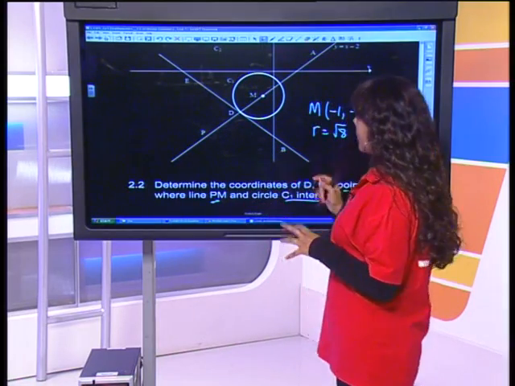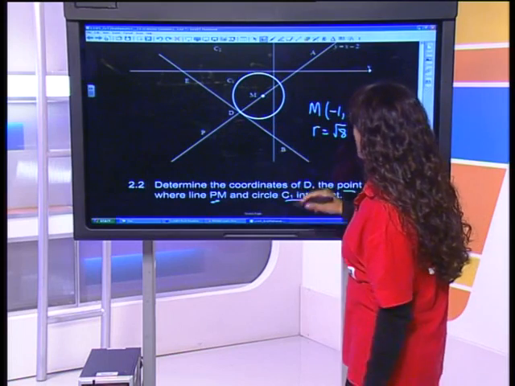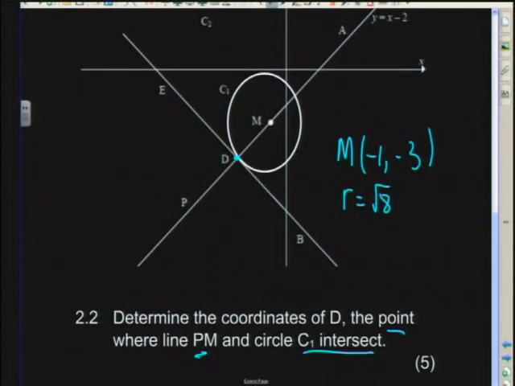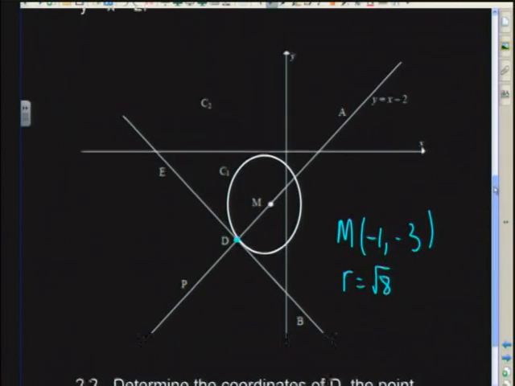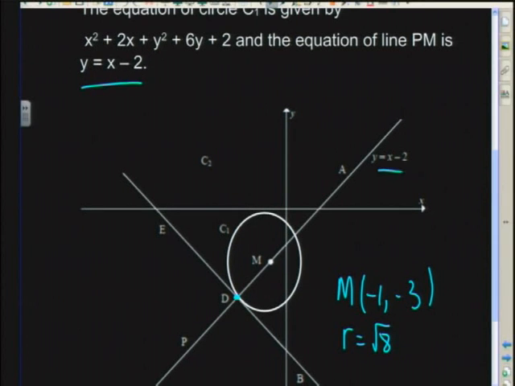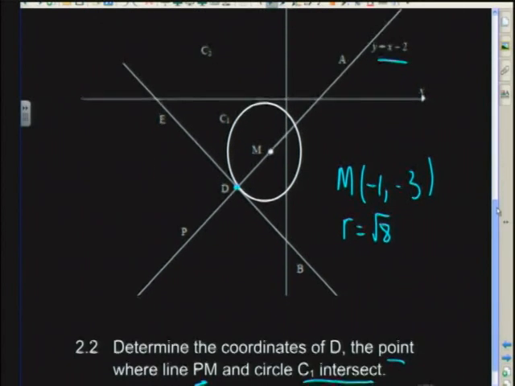Okay, all right. So we want to look for D, which is the point of contact, or the point of intersection between the circle C1 and the line PM. Remember, if we go up to the question, they also told you that the equation of line PM is x minus 2. Right, and it's on the diagram here. So we know that that equation is x minus 2.